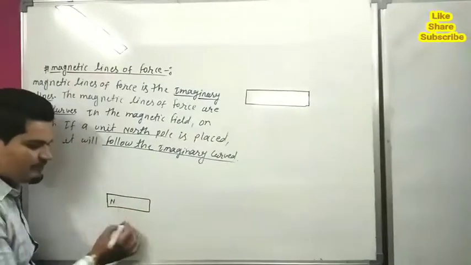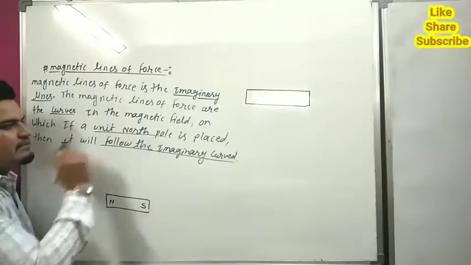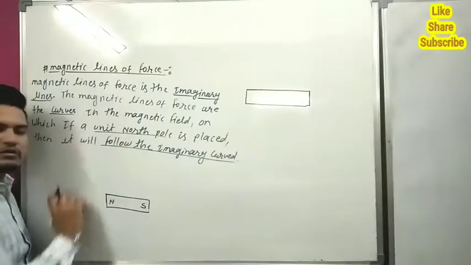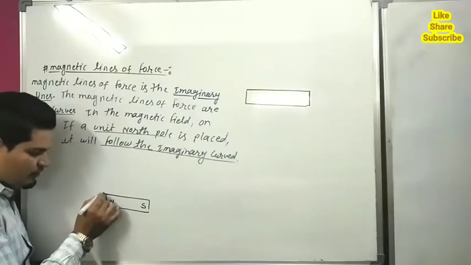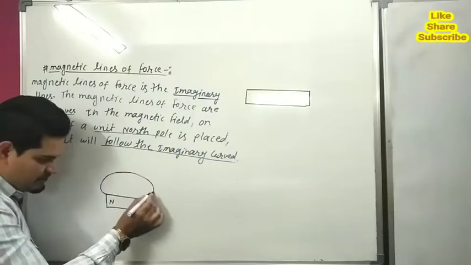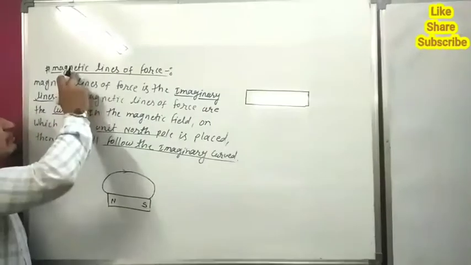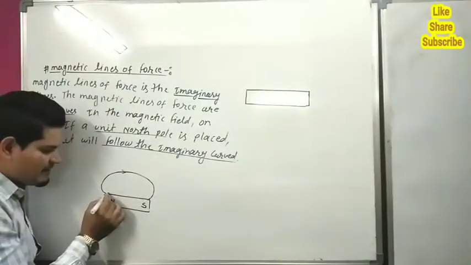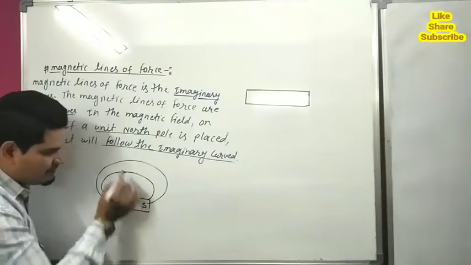This is north pole and this is south pole. If we place a unit north pole at this point, it follows this path. So this path is called imaginary lines, or the magnetic lines of force. If we place it here, it follows this path.